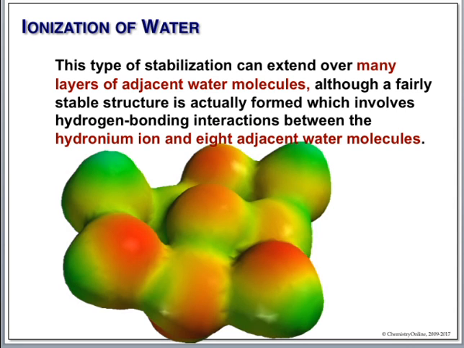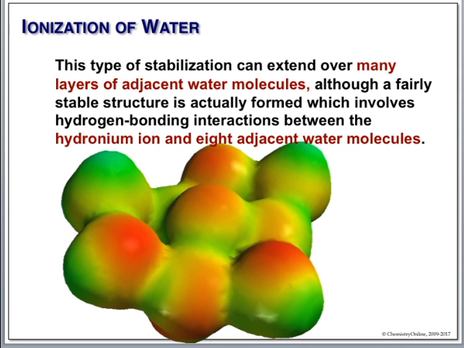Over these 8 waters in this cluster, we have dispersed totally all of this charge. This is the amazing property of water, to be able to take a charged particle, hydronium in this case, and disperse the charge everywhere. All right, so much for raving about water.